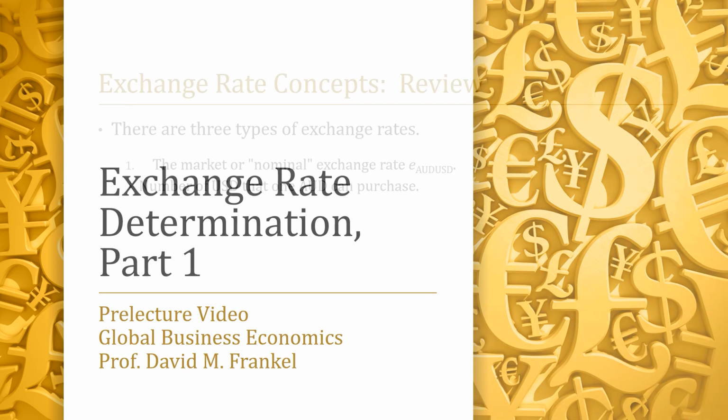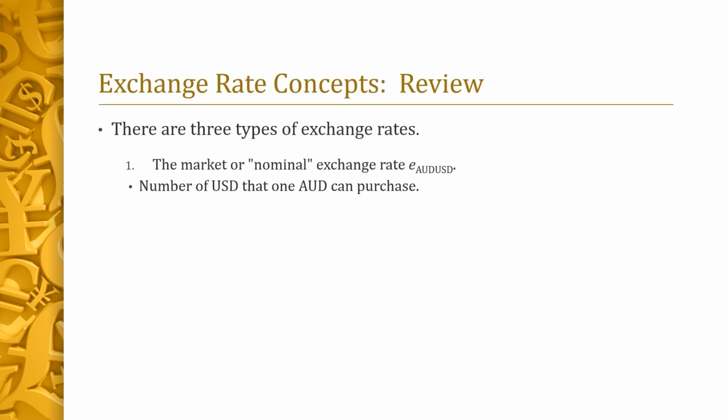Let's begin. In the prior video in this series, we learned about three types of exchange rates. The nominal exchange rate between the Australian dollar, or AUD, and the US dollar, or USD, equals the number of US dollars that you can purchase in return for 1 Australian dollar.